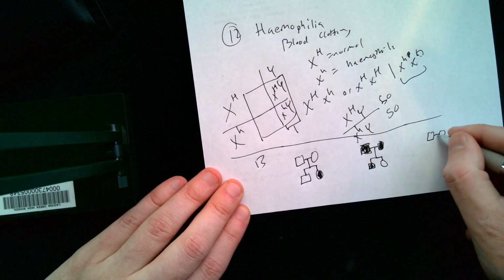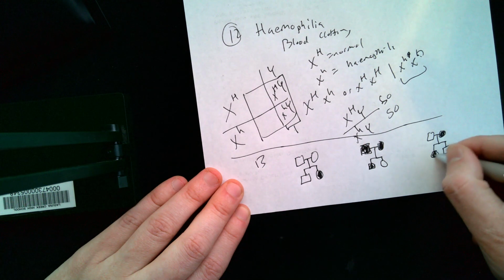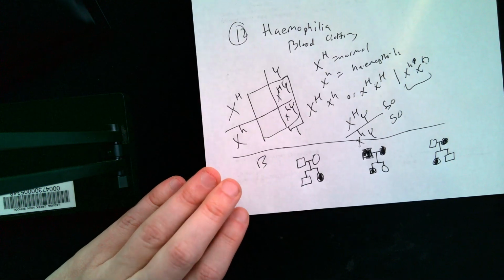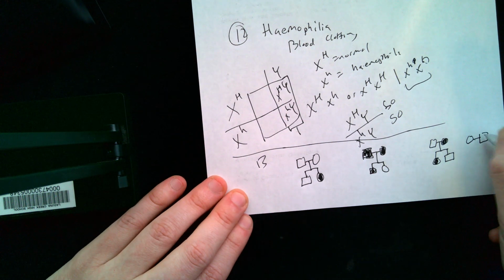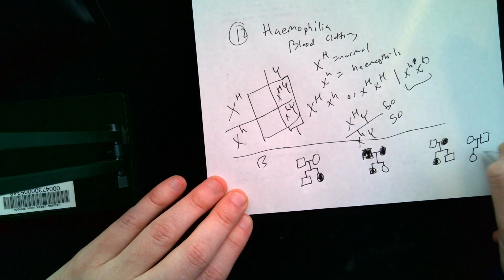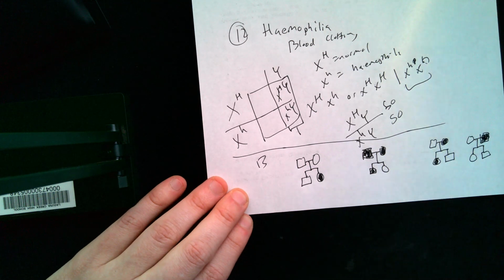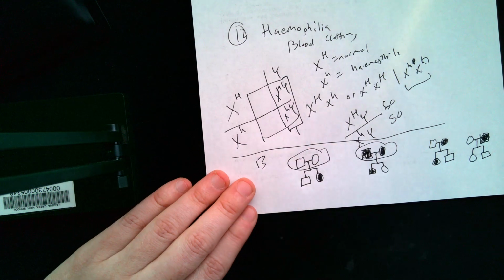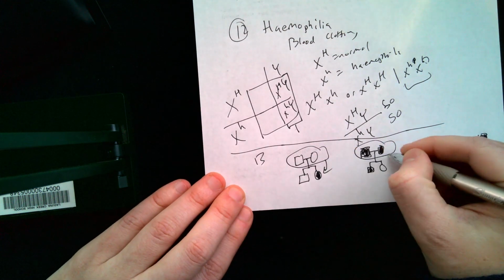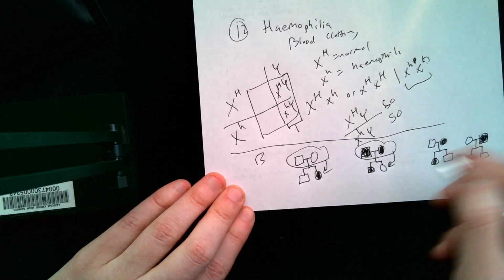This tells you nothing. Even if this, okay, this still tells you nothing, right? It has to be like this, where something different happens. That's what makes the pedigree informative.